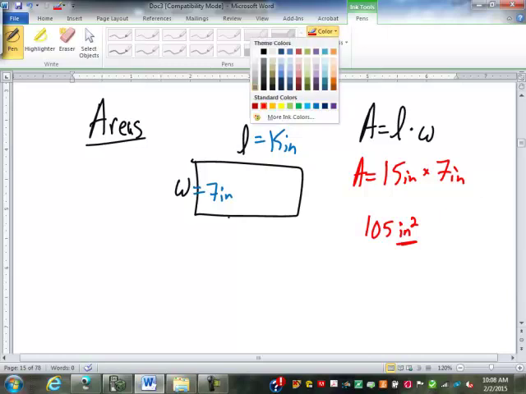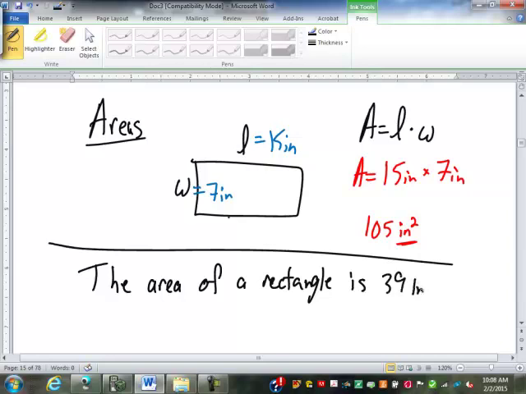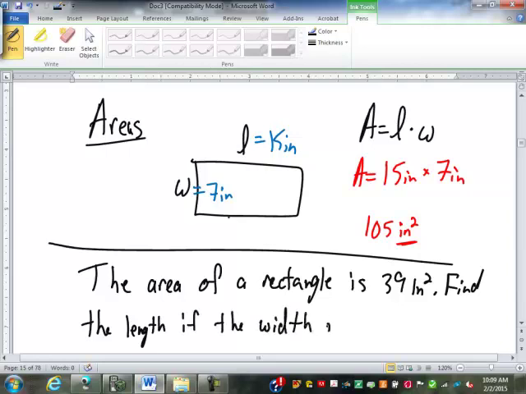Well, that one's kind of a simple one. What if it were to ask: the area of a rectangle is 39 inches squared. Find the length if the width is 3 inches.